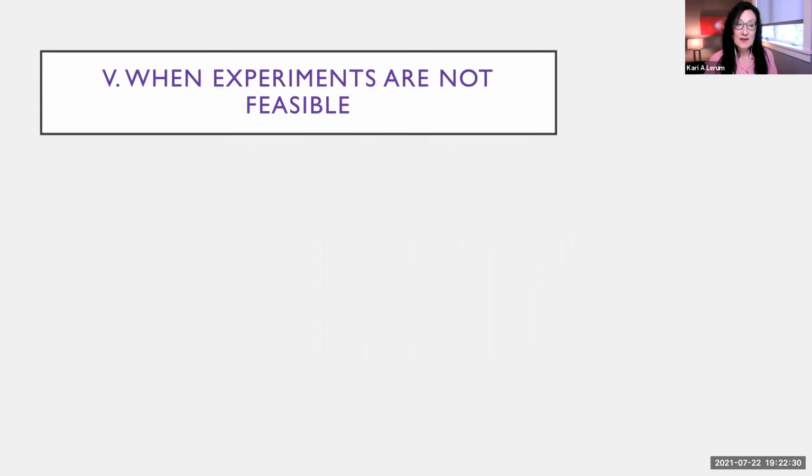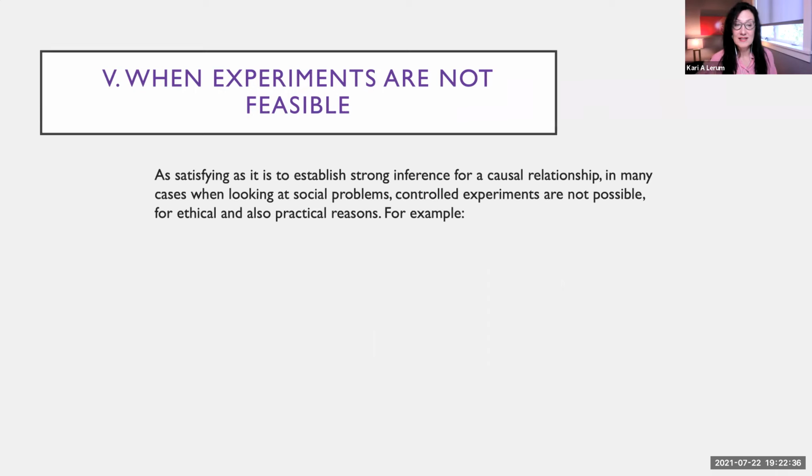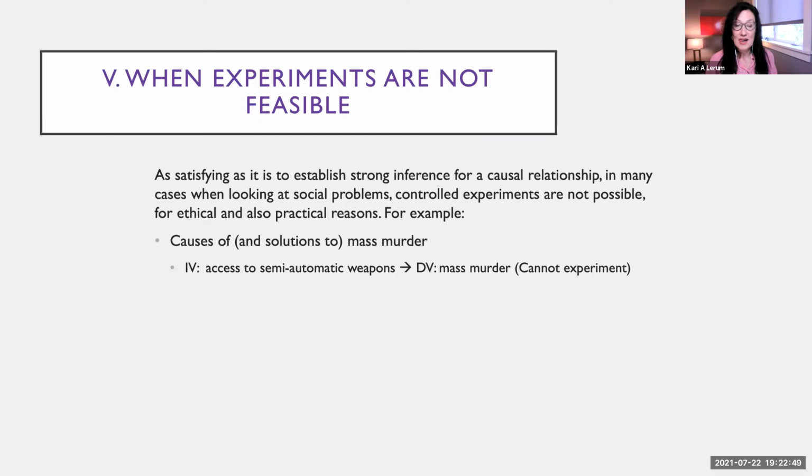Now, there are also many times when experiments are just not feasible. As satisfying as it is to establish strong inference for a causal relationship, in many cases, when looking at social problems, controlled experiments are just not possible for ethical and also practical reasons. For example, many people want to know, what are the causes of and solutions to mass murder?